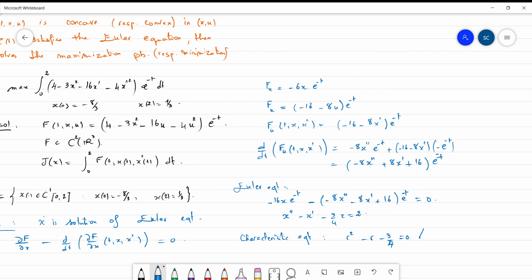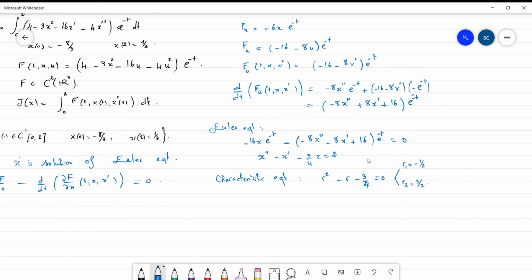We have two roots, r1 equals minus 1/2 and r2 equals 3/2. Knowing these, we deduce the general solution of this equation: a e^(-t/2) plus b e^(3t/2) plus the particular solution, which is minus 8/3. So it gives us the particular solution, this one.